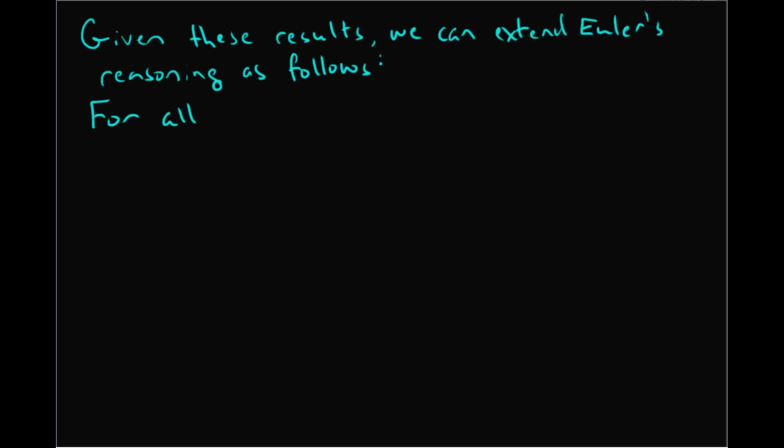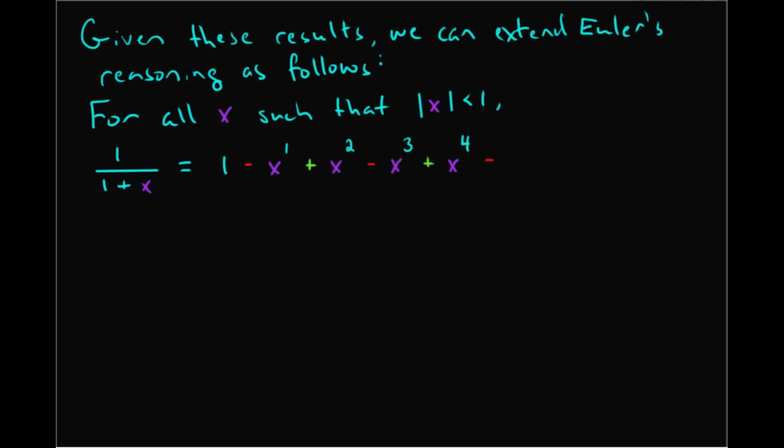We already know that for all x such that the absolute value of x is less than 1, the function 1 over 1 plus x can be represented by the infinite series 1 minus x plus x squared minus x cubed plus x to the fourth minus x to the fifth plus dot dot dot.